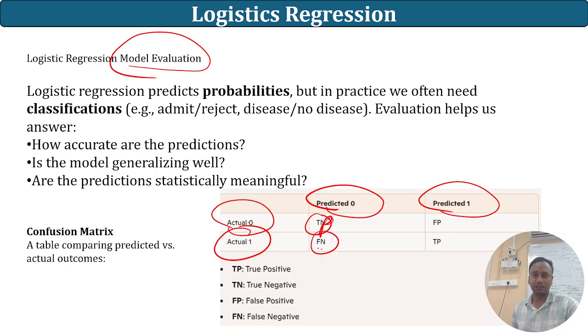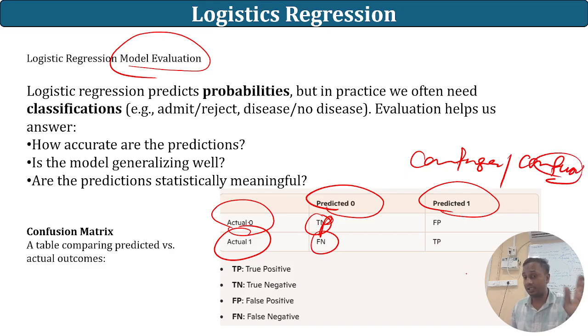That is the contingency or confusion matrix that we discussed at the starting time. When we have actual 0 but it predicted 1, it's a false positive. Actual 1 but predicted 0, it's a false negative. Actual 1, predicted 1, it's a true positive.